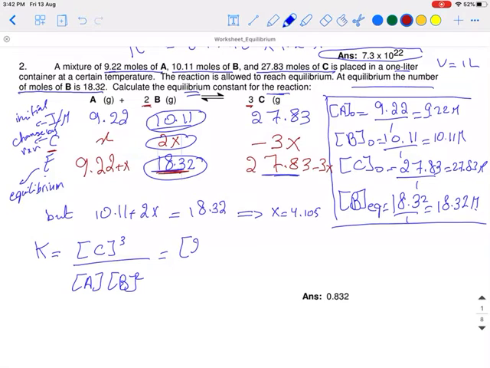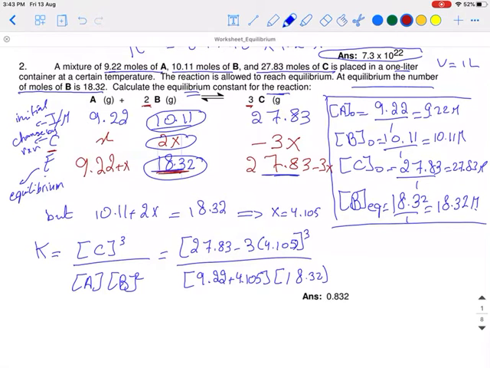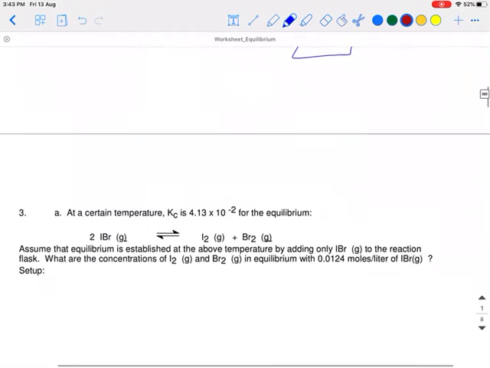So the concentration is 27.83 minus 3 times X. X, I found it 4.105, and all of it to power of 3 over the concentration of A, which is 9.22 plus 4.105, times the concentration of B, which is 18.32 to power of 2. And the final answer, I do the simple calculation, will be 0.832. So this is the answer, and this is the method.